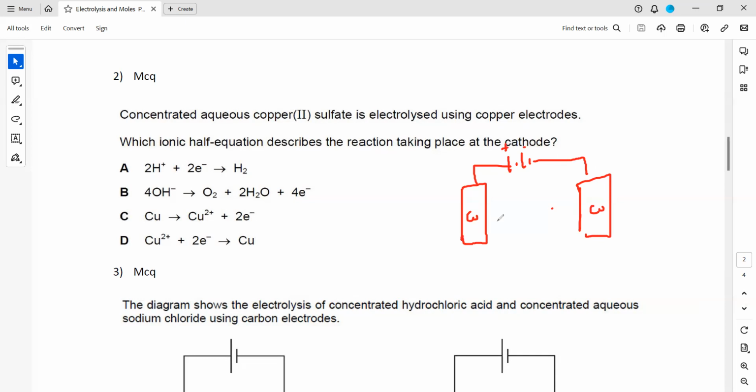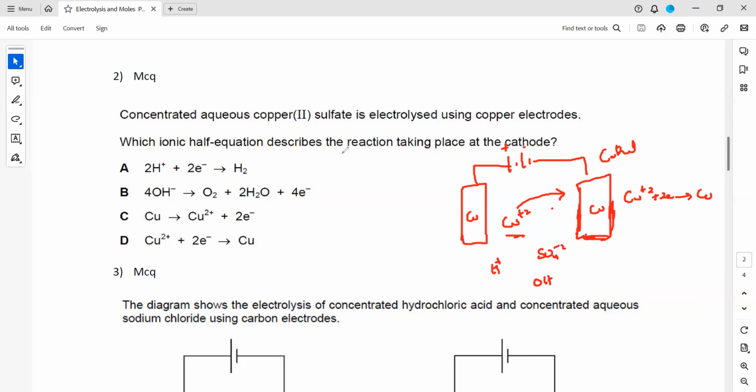The electrolyte contains copper ion, sulfate ion, hydrogen ion and hydroxide ion. When we check the reactivity, copper is less reactive, so copper ions are attracted towards the cathode. The copper ions gain 2 electrons, turn into copper atoms, and stick to the cathode.